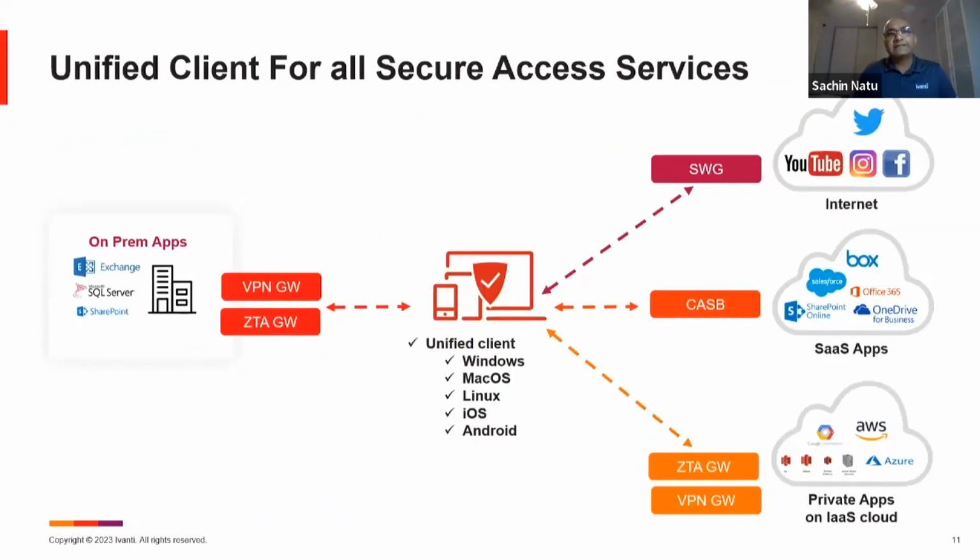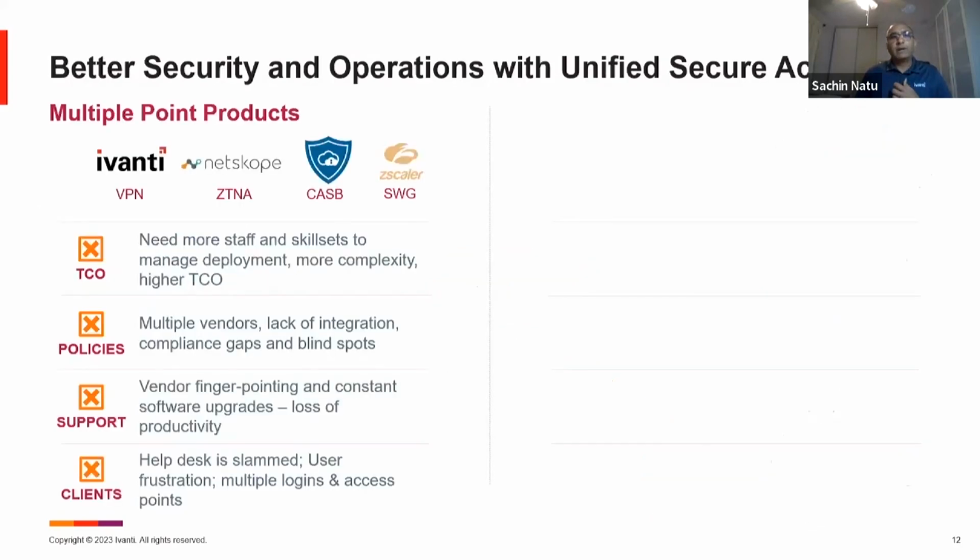And all of this can be accessed from one single client. So if you look at it, really you're accessing 4 different services, whether it's VPN or ZTA or CASB or SWG, but all of that can be accessed from one trusted unified client that's today deployed on more than 20 million user endpoints. What does that mean really?